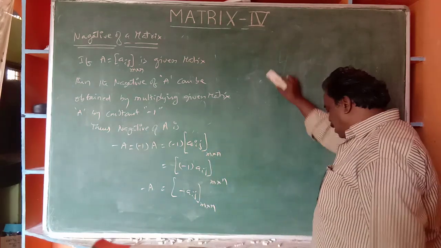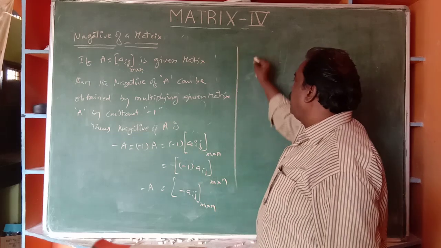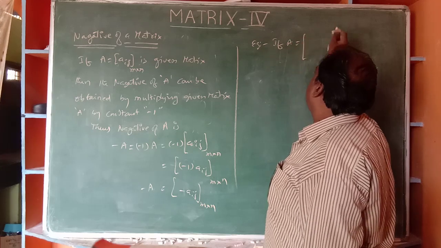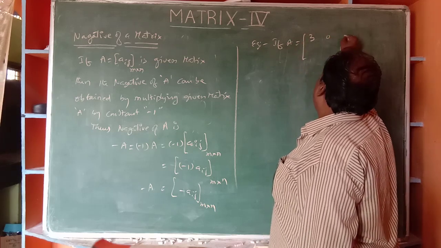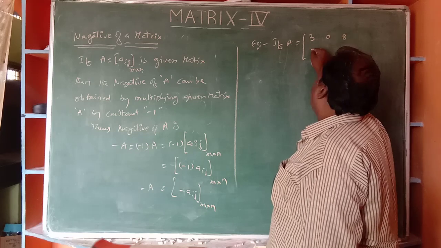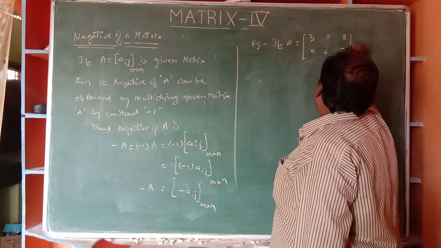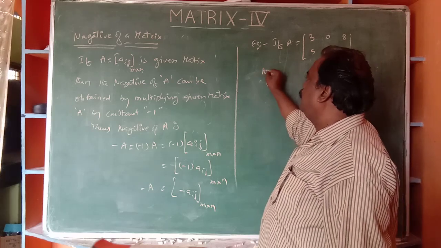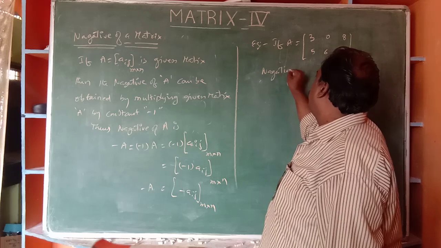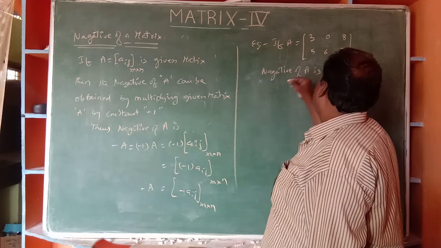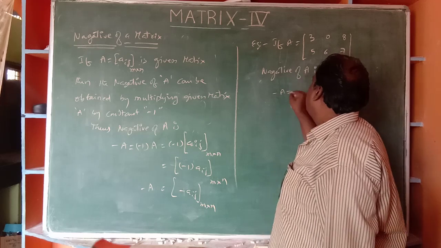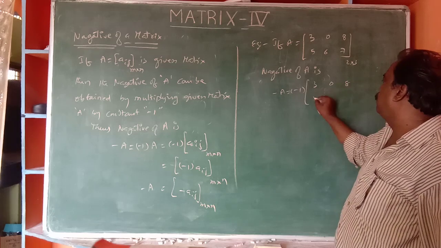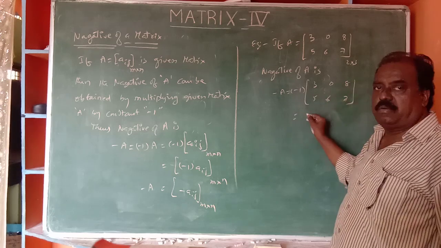You see, example. If capital A is equal to 3, 0, 8, 5, 6, 7, it is a 2 by 3 matrix. Then the negative of A is minus A, that means minus 1 into 3, 0, 8, 5, 6, 7.